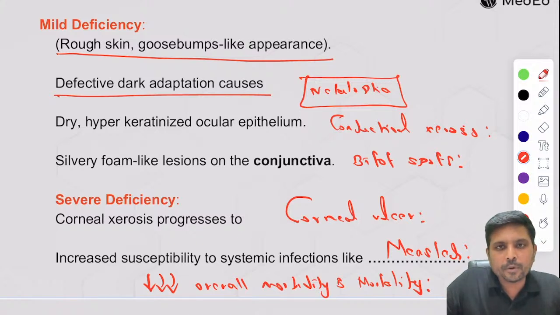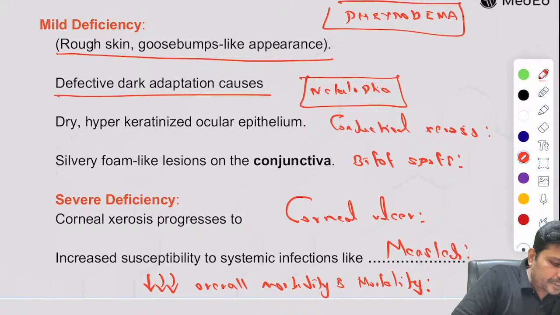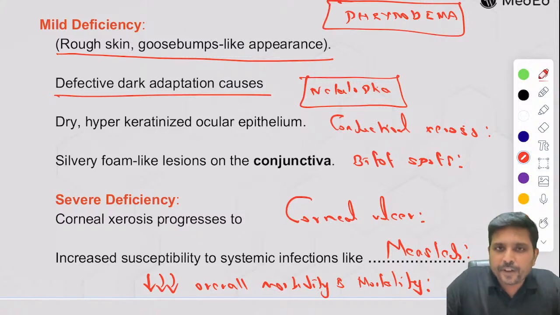What is this rough skin, goosebump like appearance? This is called phrenoderma. So the two skin manifestations are phrenoderma and perifollicular hyperkeratosis or parakeratosis. Other things are nyctalopia, conjunctival xerosis, Bitot spot, corneal xerosis, predisposition to measles, and reduction of overall morbidity and mortality.